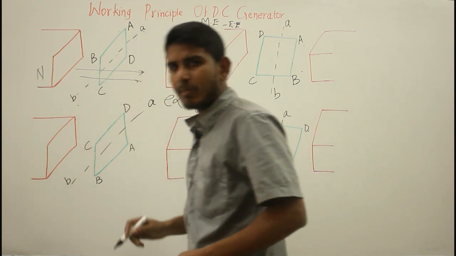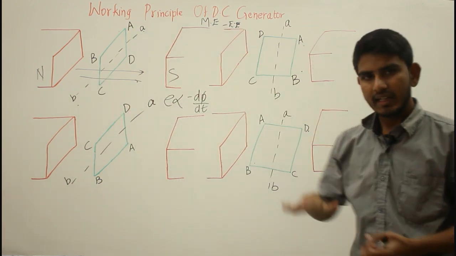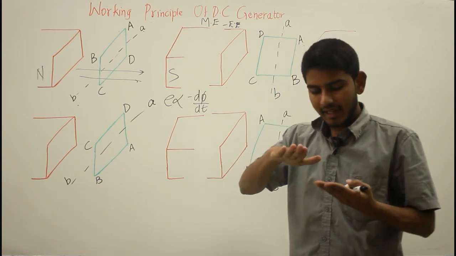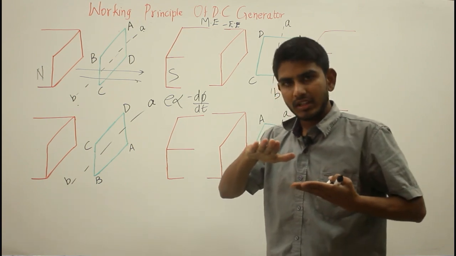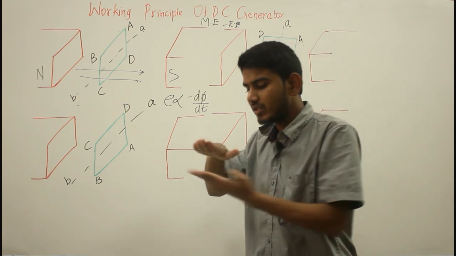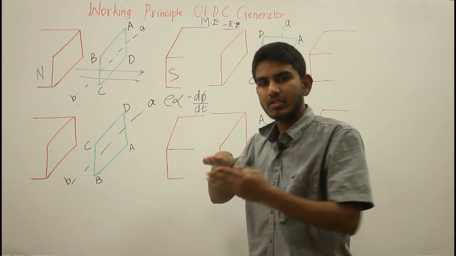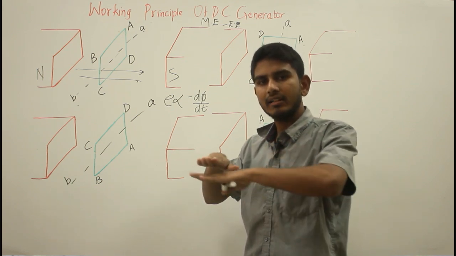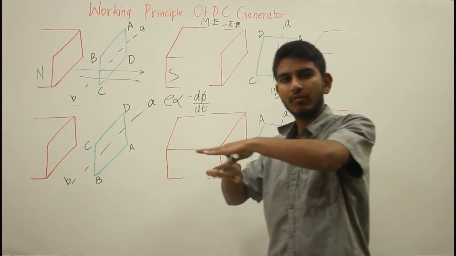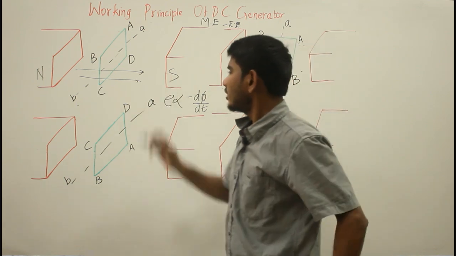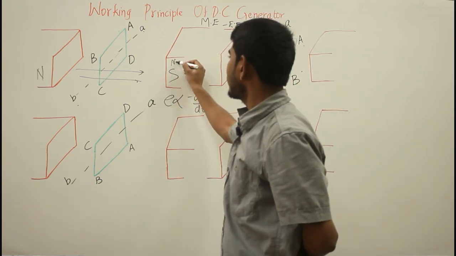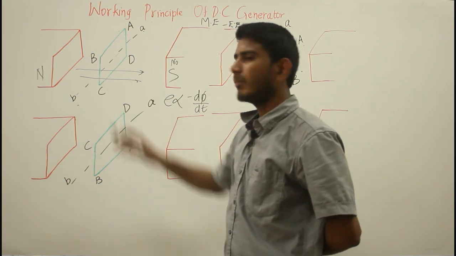When the conductor is parallel to the flux lines, there is no flux cutting.